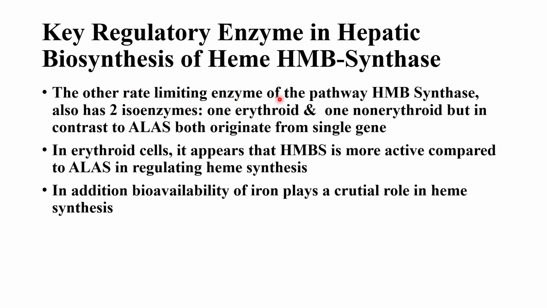HMB synthase also has two isoenzymes, one erythroid and one non-erythroid. But in contrast, as you have seen, the two ALAS isoenzymes originate from different genes: ALAS1 from chromosome 3 and ALAS2 from the X chromosome.